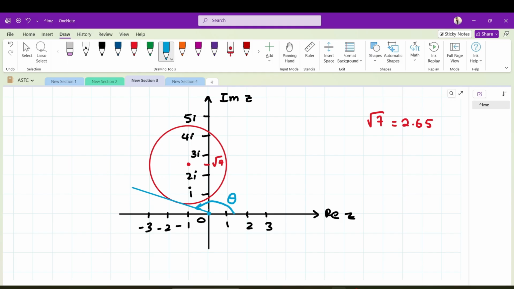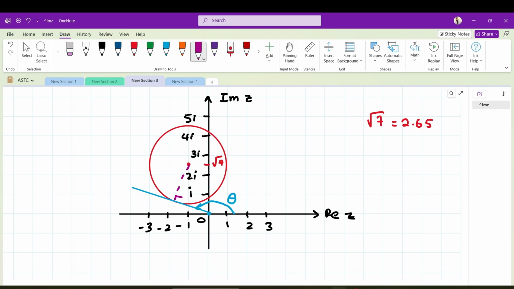All right, now in order to find this angle, let's just say that first of all, I draw a straight line from here, a dotted line.